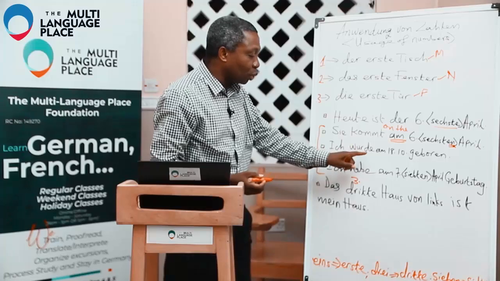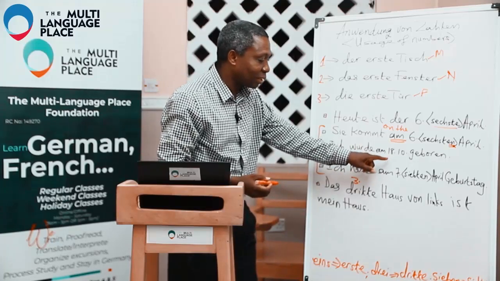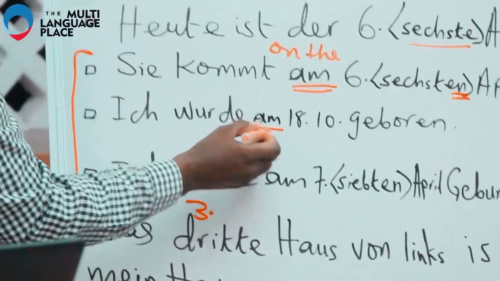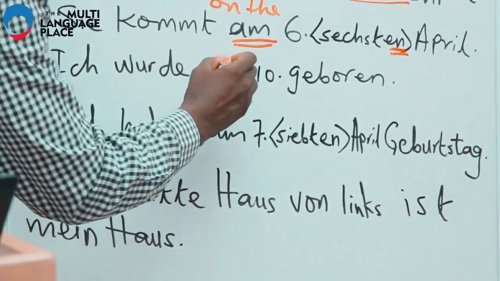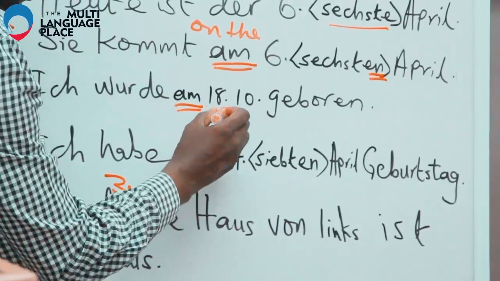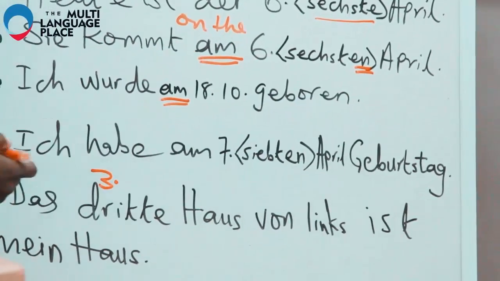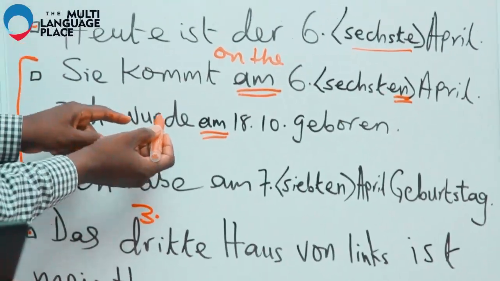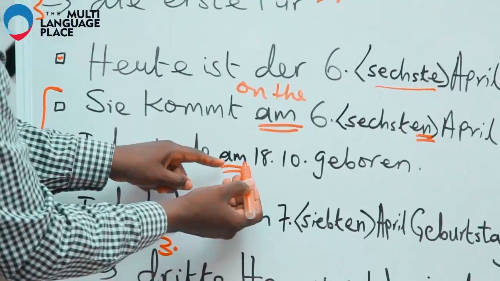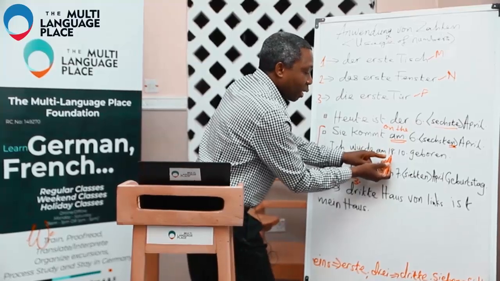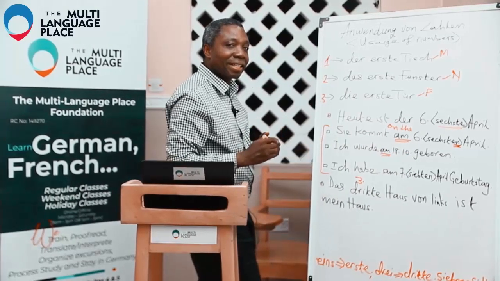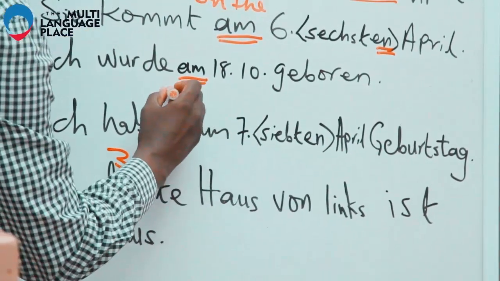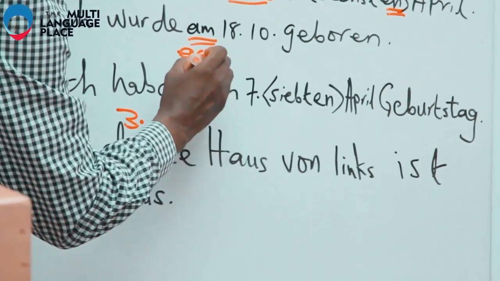And then, ich wurde am 18. Oktober geboren. Remember, the am is here also. So, it will be 18. Oktober geboren. The N will be there. Because it's I was born on the 18th of October. So you have something like this. Ich wurde am 18.